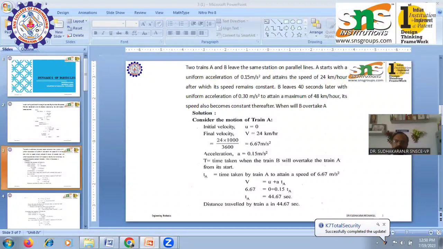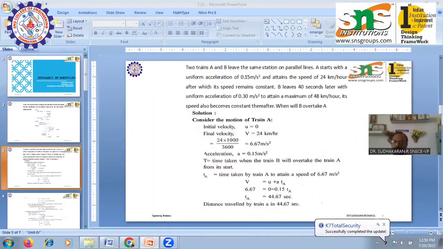Now I am taking T as the time taken when train B is going to overtake train A from its start. The time of train A is taken as TA. To attain a speed of 6.67 meter per second, the time taken by A is TA.